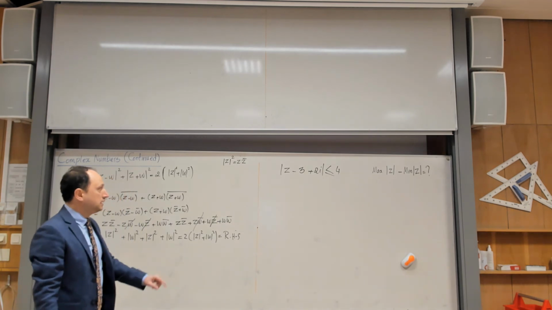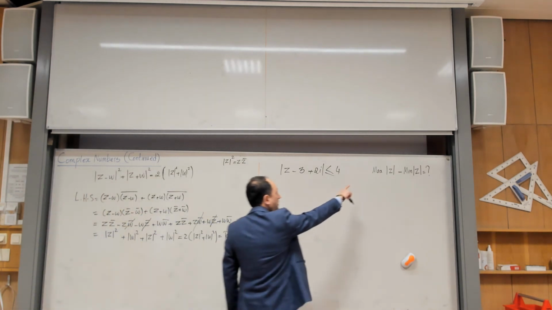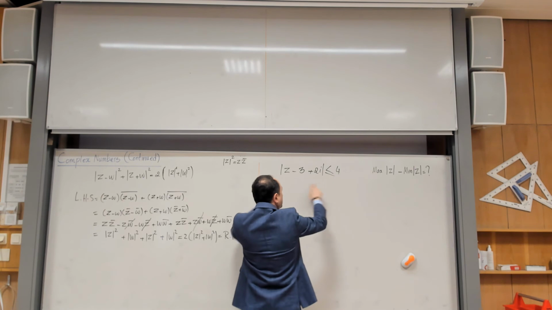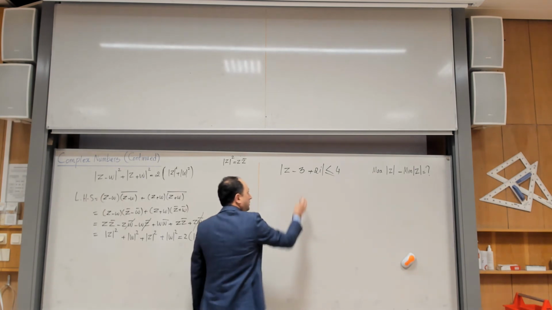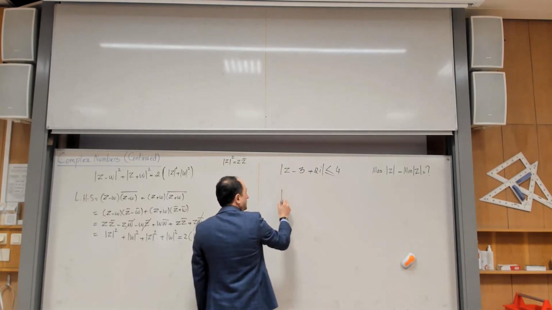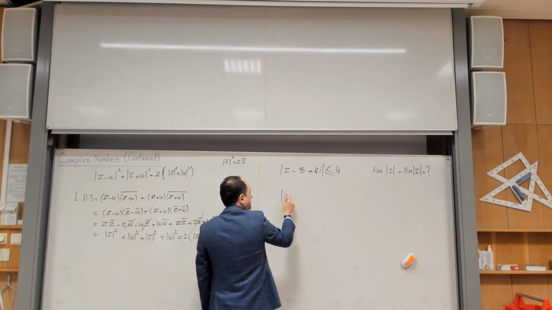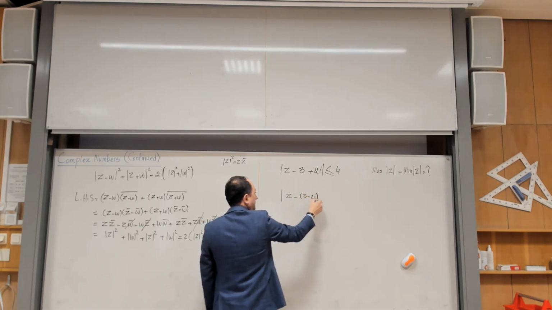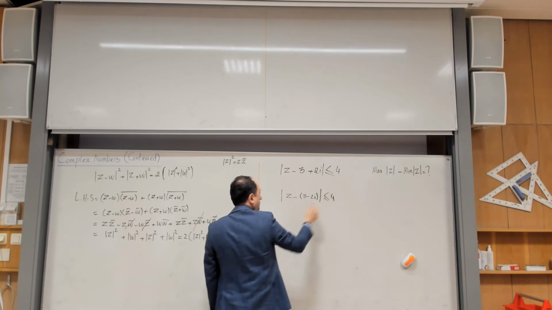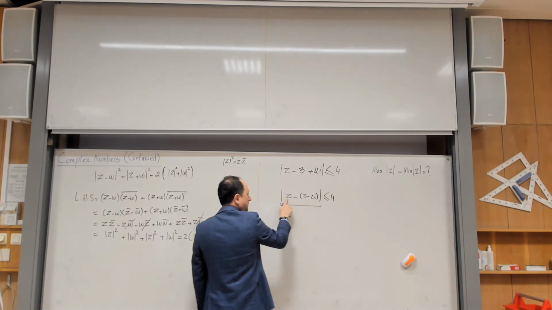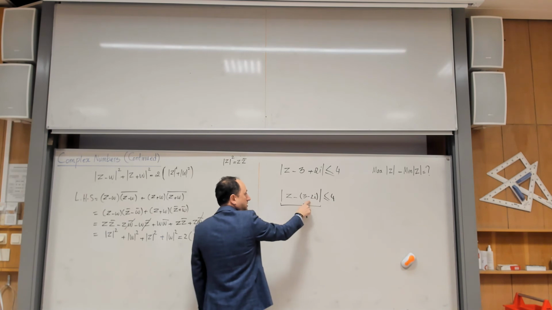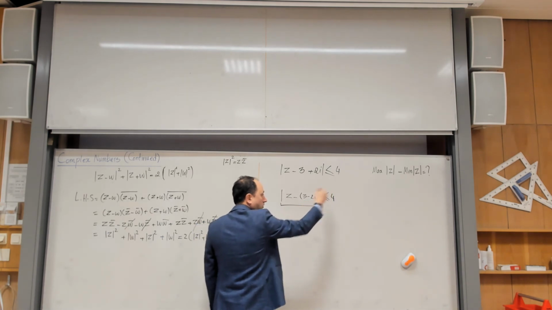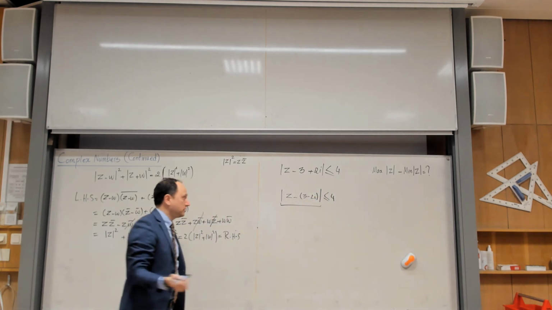This part might be hard, but this is a Math 4 problem. So how can you interpret this? The absolute value of the difference, I can factor a minus sign out, is less than or equal to 4. This means the distance between z and this point is supposed to be 4 or less than 4. That's very simple, yes?